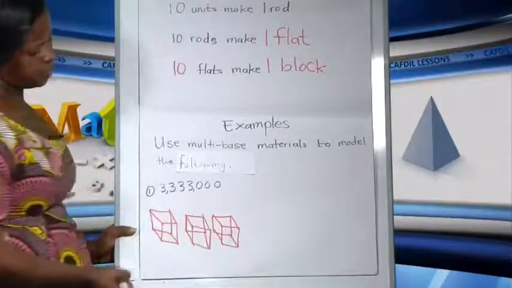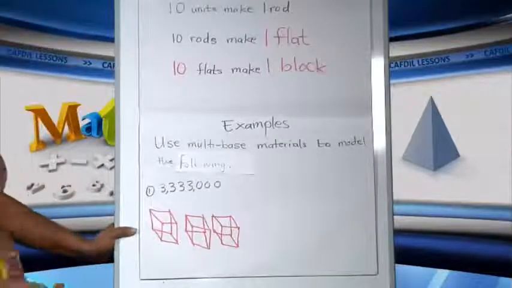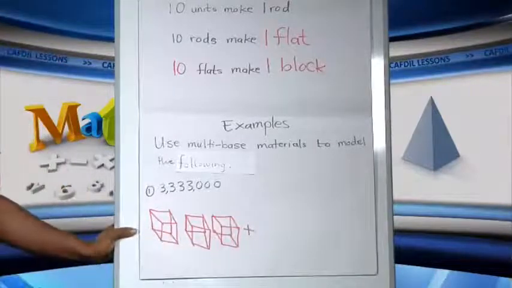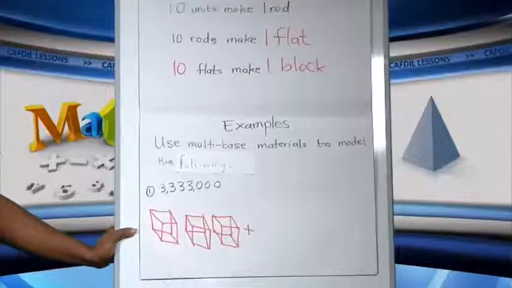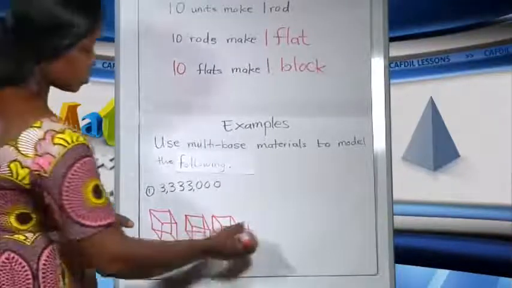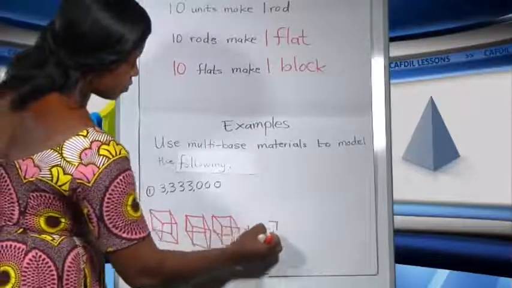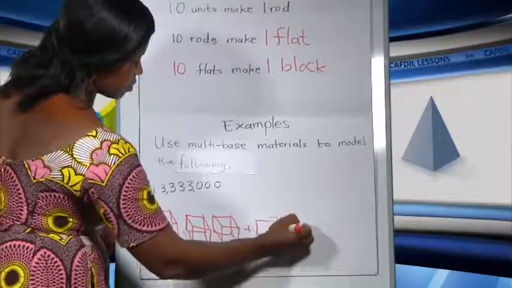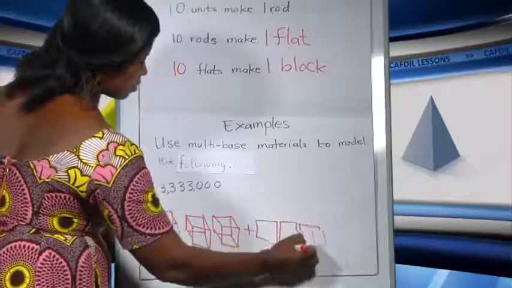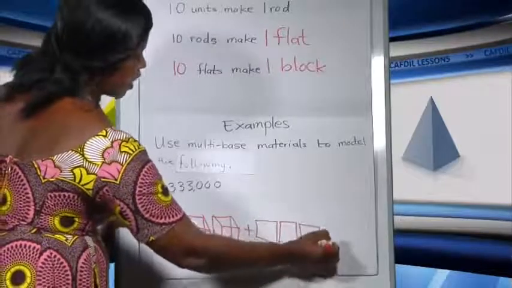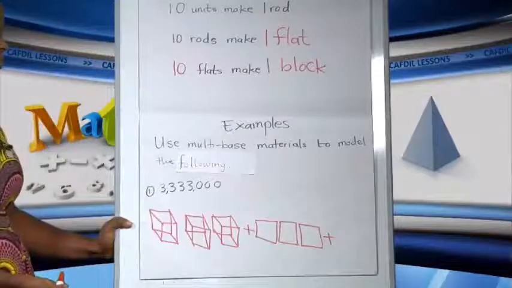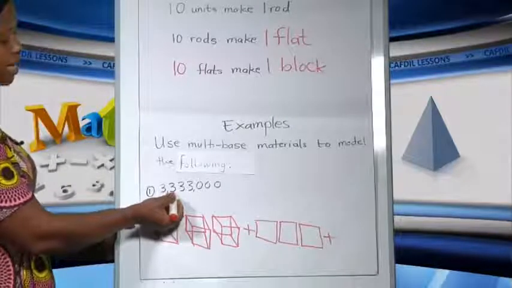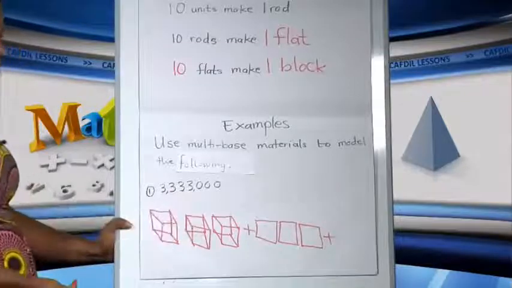So we have our 3 blocks plus we have to draw 3 flats as well. Plus, we have our 3 blocks, 3 flats, and then the next one represents our rod.